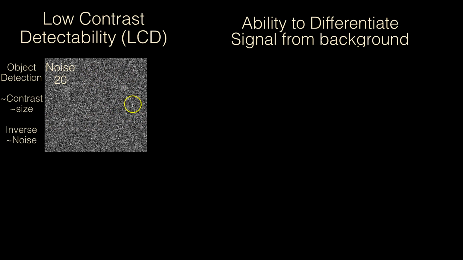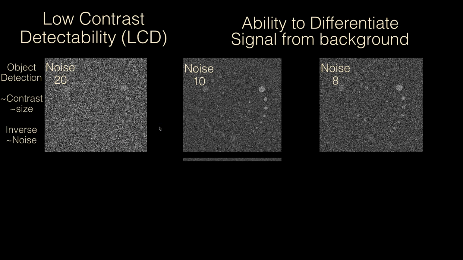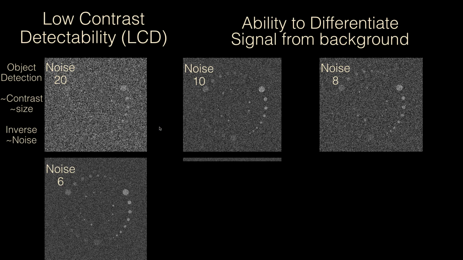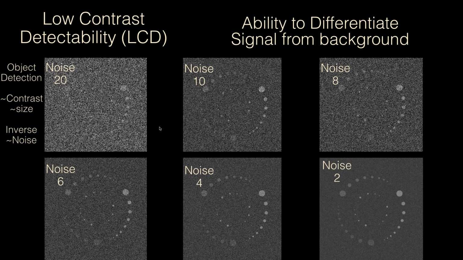So in this case, it's very difficult for us to appreciate the lower contrast lesions, but you can see as the system is modified such that we have lower and lower noise, those lesions now become more and more obvious.